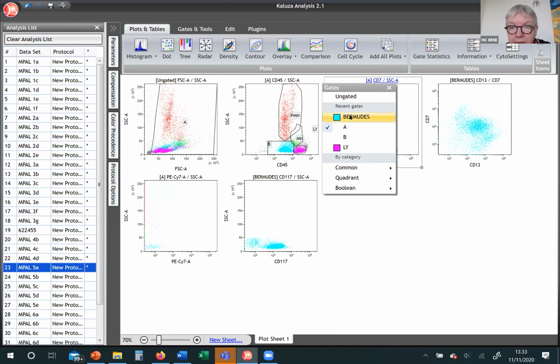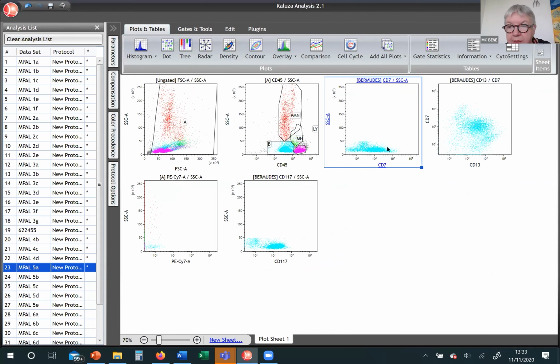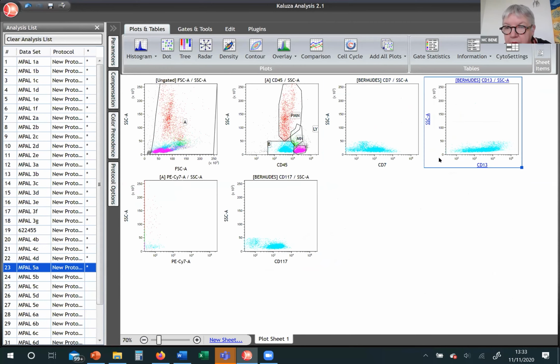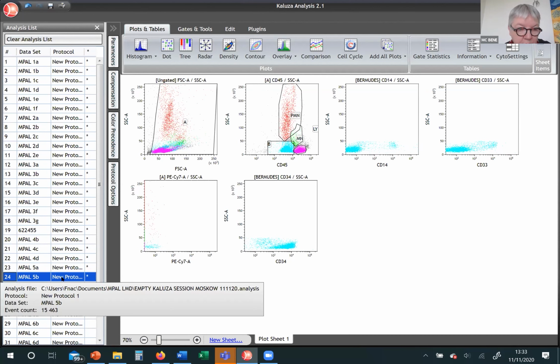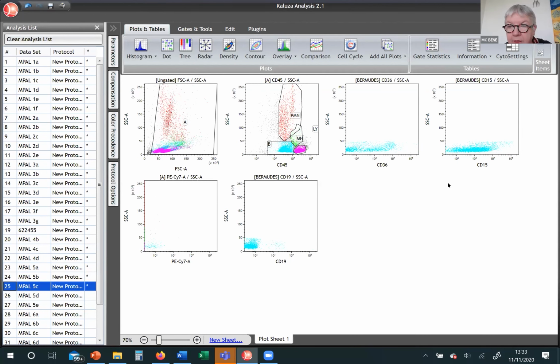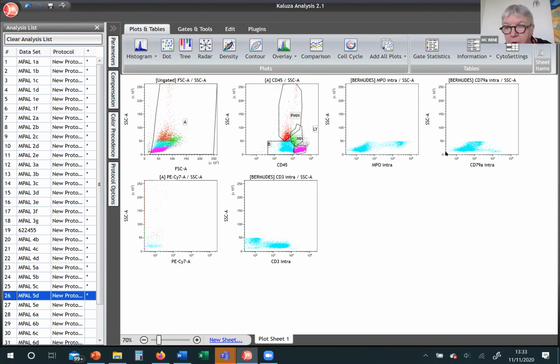We have clearly CD7 on the blast cells. Here side scatter. So we have CD13, so 7 and 13, and 117. No 14, no 33, 34, not very informative. 15, another myeloid marker, no CD19, no MPO, and a very nice intracytoplasmic CD3.